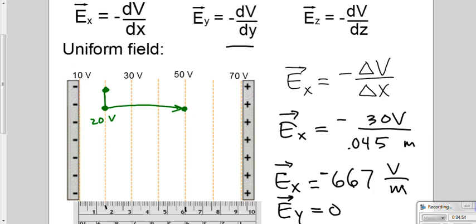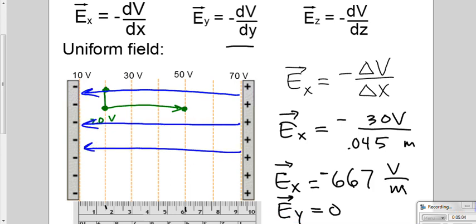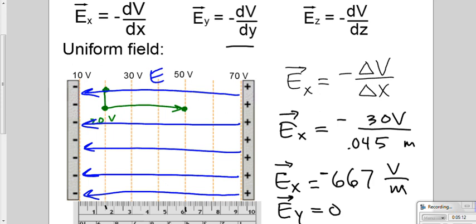So if we were to draw this electric field in, then we would see nice parallel leftward lines, pretty much equally spaced apart, and that describes the electric field. 667 volts per meter or newtons per coulomb. Now, I don't need to write leftward, I don't need to say in the x direction because the figure already takes care of that. So that is the way we get a measure of the electric field from using the potential pattern.